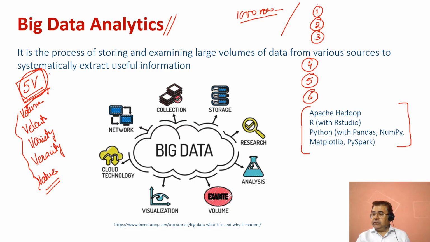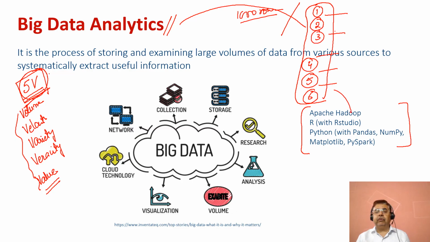So these are some of the steps that could be there in big data analytics. For each step, a different software could handle that. So a different set of software is available for handling different levels of analysis.